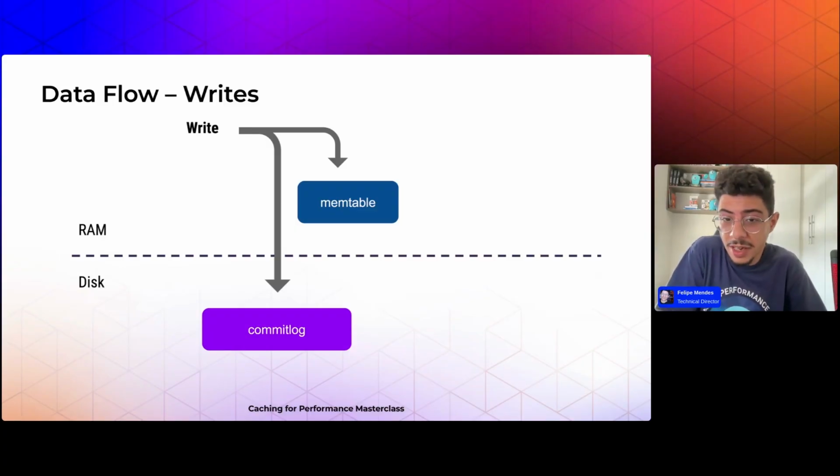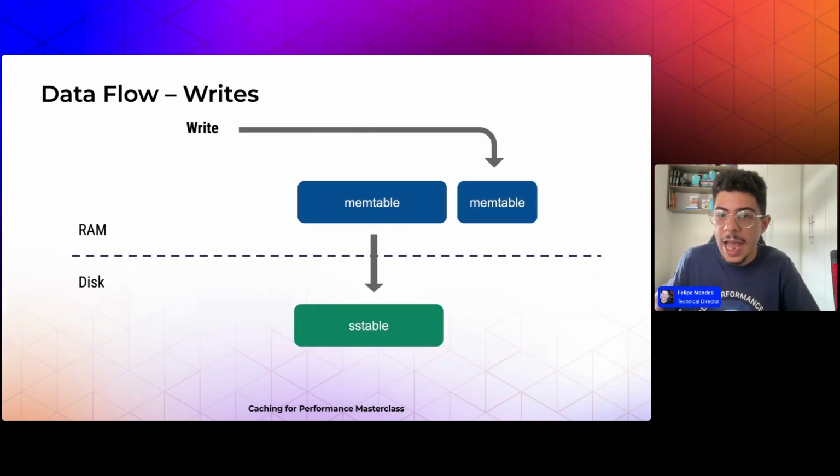ScyllaDB, at the end of the day, is a persistent database. So although you can disable the commit log if you so would like, ScyllaDB is often run as a persistent database, so we always want to ensure that your writes are persisted to disk before they are considered successful.